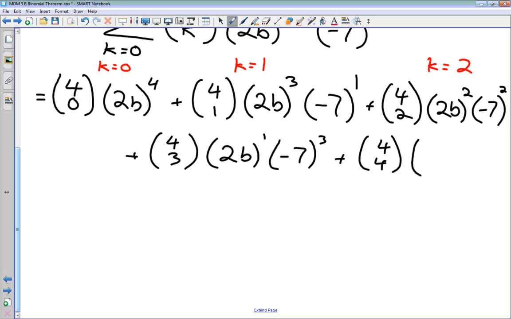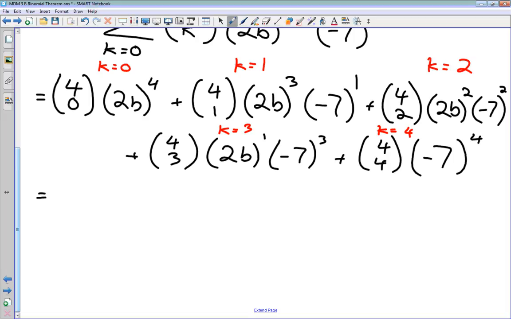We're going to have 2b to the exponent 0, so we don't even need that term, and then negative 7 to the 4. So this is our k equals 3, and this is our k equals 4 term. So that's the binomial theorem stuff done. The next part is evaluating our combinations and expanding our expressions here.